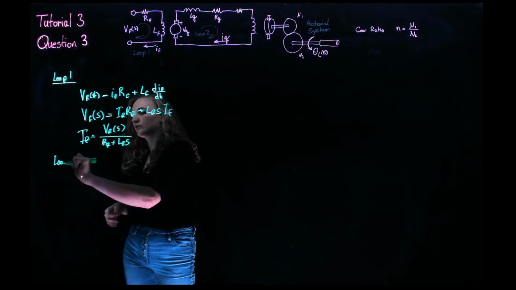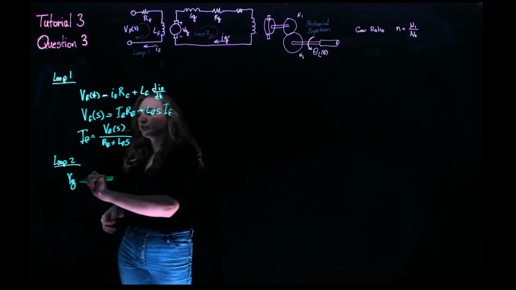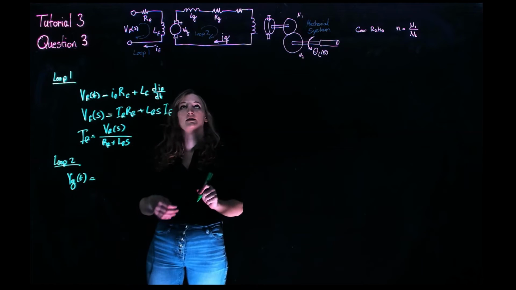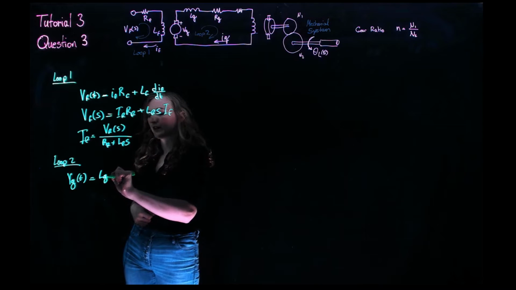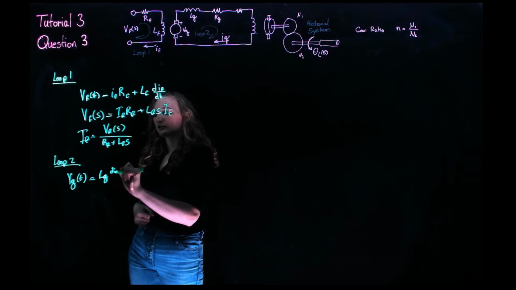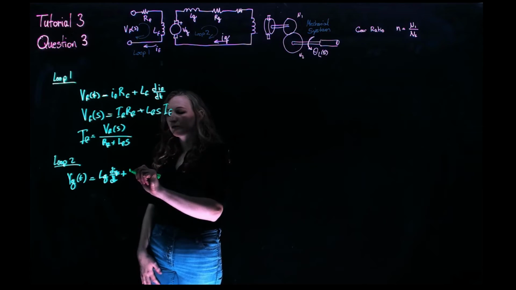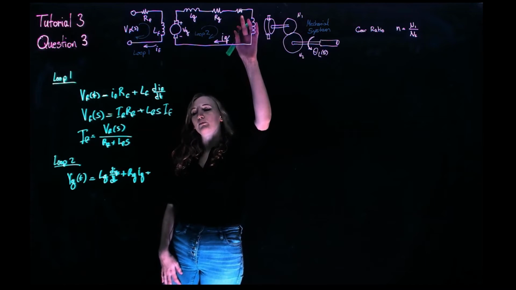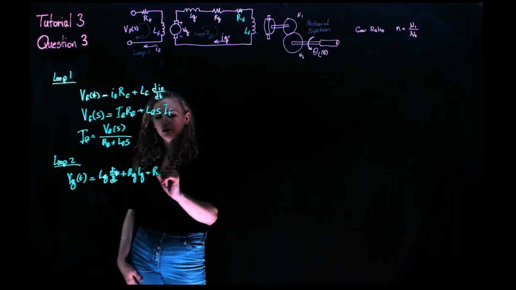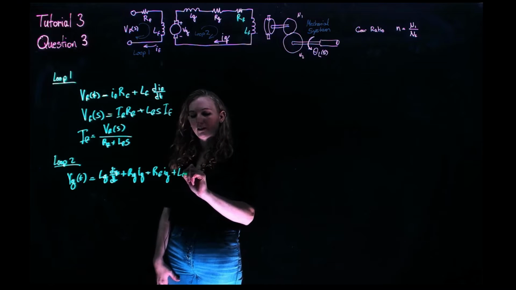All right, we got loop 2. So we start with our input, V_G. This is currently of t because we haven't taken the Laplace transform yet. The drop across the first inductor is going to be L_G dI_G over dt, plus the drop across the resistor, which is R_G I_G, the drop across our next resistor, which is R_F I_G, plus our next inductor, which is L_F dI_G over dt.